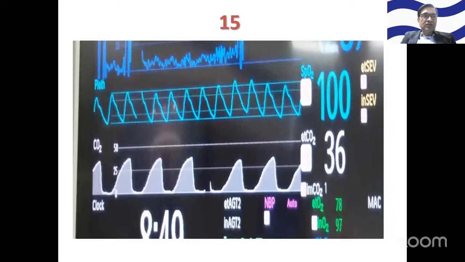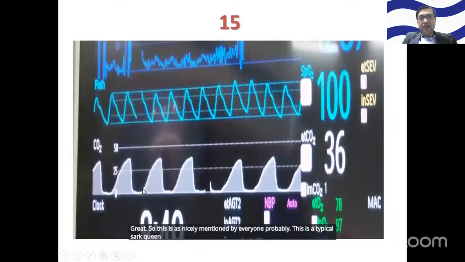Great. So this is, as nicely mentioned by everyone probably, a typical shark fin appearance. Here you don't get a differentiation between phase 2 and phase 3. And this is a typical scenario with bronchial spasm.